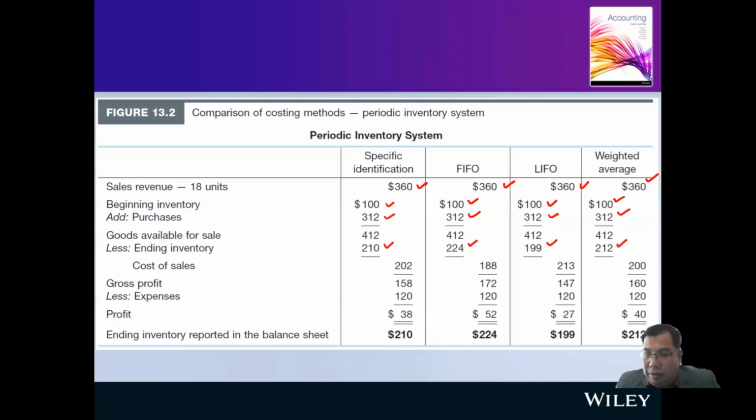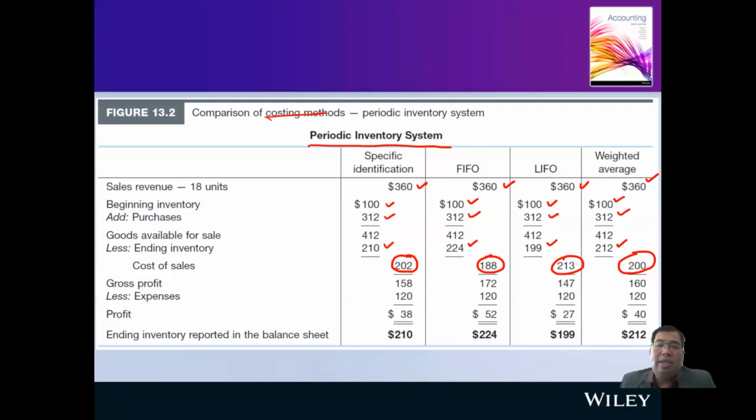So different methods result in different values of your inventories. So your gross profit is also different. Your cost of sale is different. Your gross profit and net profit will also be different. So this is the impact of the costing methods. If you use this periodic inventory system, you need to identify the correct value for your inventories.